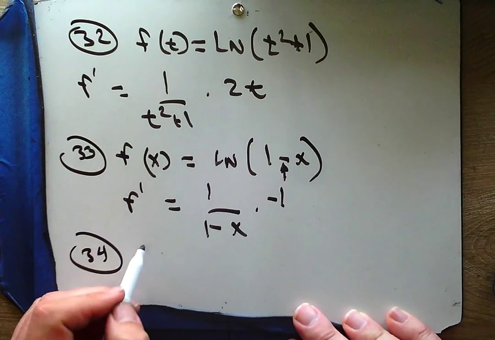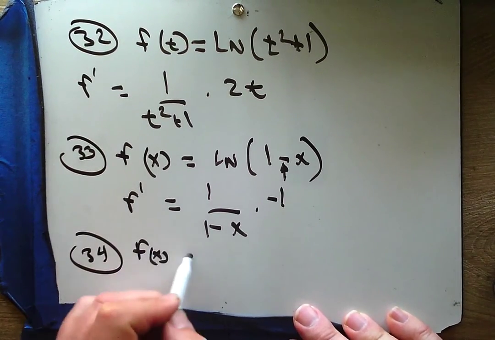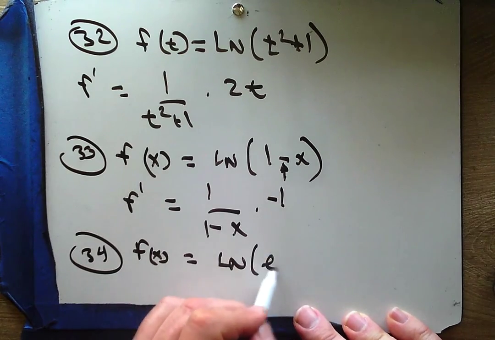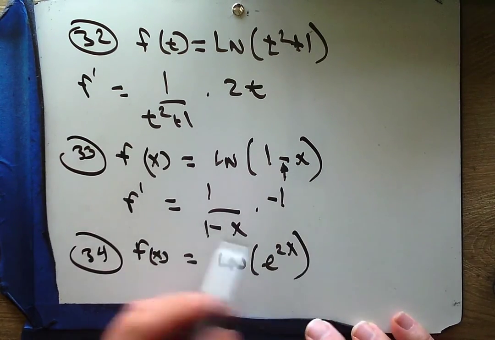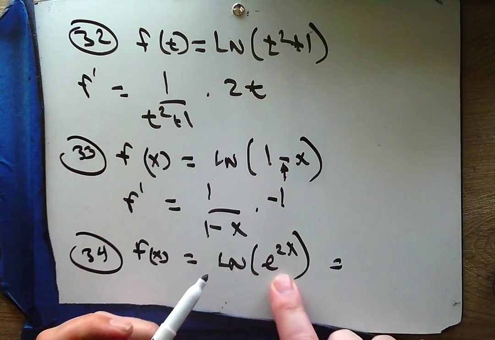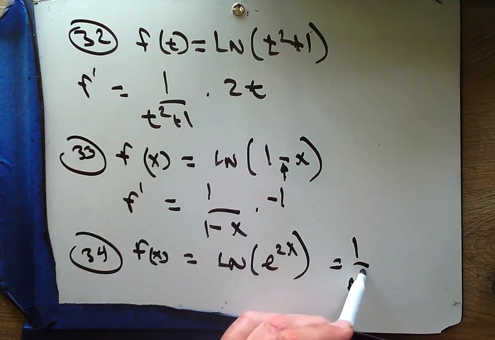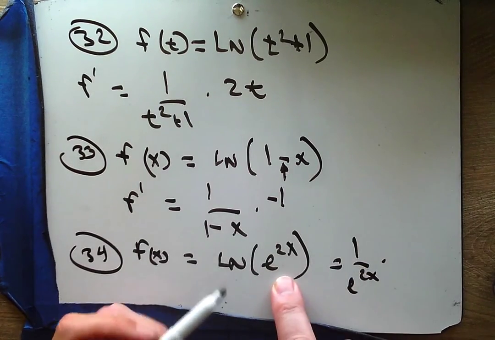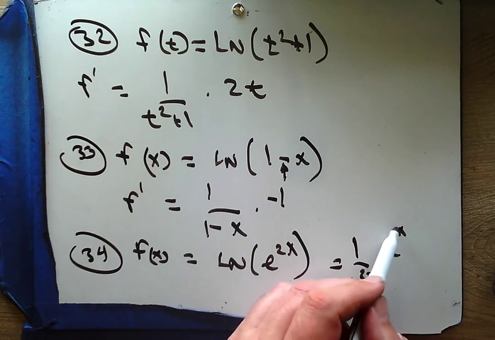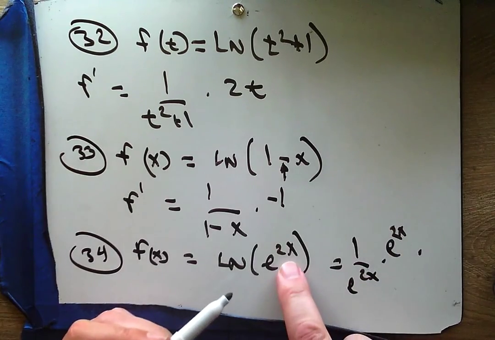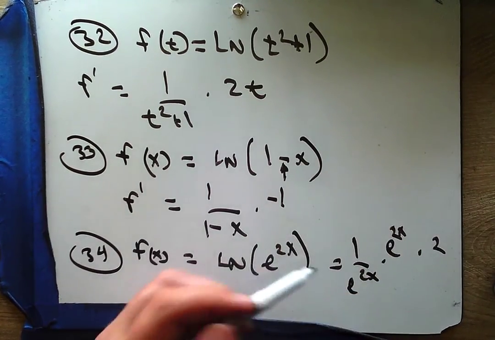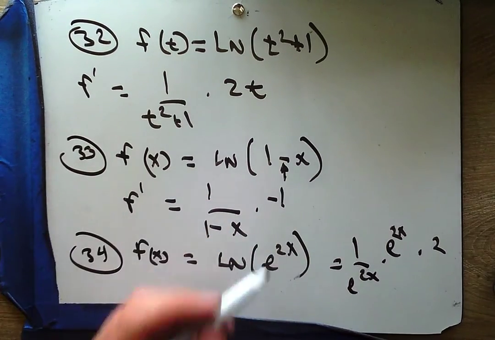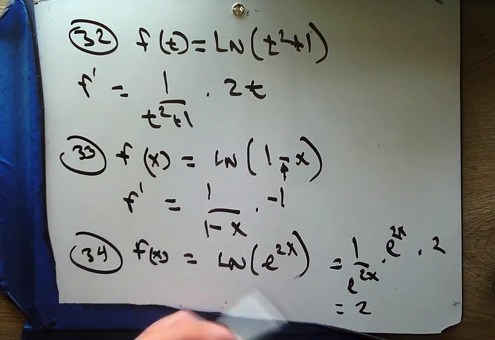34. F of x equals the ln of e to the 2x. So remember, the derivative of ln of stuff is 1 over stuff times the derivative of stuff, which is itself, times the derivative of 2. Isn't that interesting? The answer here is 2. How come?